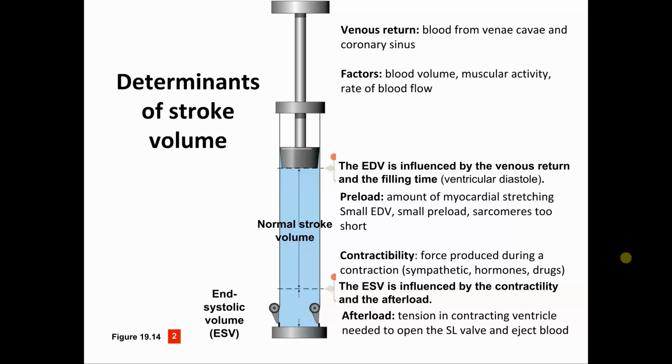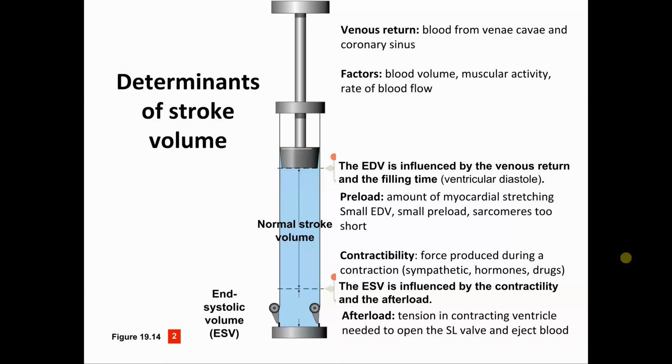So then other things that control the ability of your heart to contract are going to be the things we just talked about, the sympathetic response, hormones, and then any drugs that you are taking, like those beta blockers. And then the end-systolic volume is influenced by the contractility, the ability to contract, and the afterload.